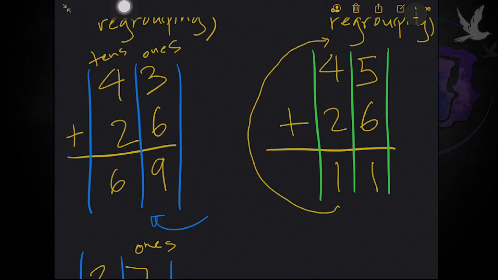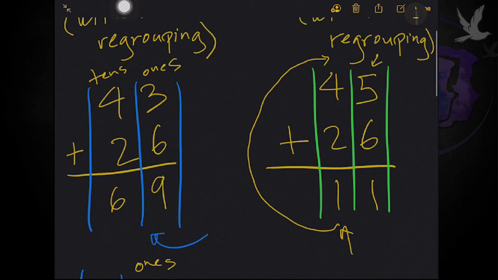Okay, what do you mean by what am I trying to say? So this number, if ever you'll have an extra number there, like in this case nga 11, this number should be placed on top of the next place value since we started on ones. So you should place that on top of the next place value, which is the tens. Okay, just to make it clear.